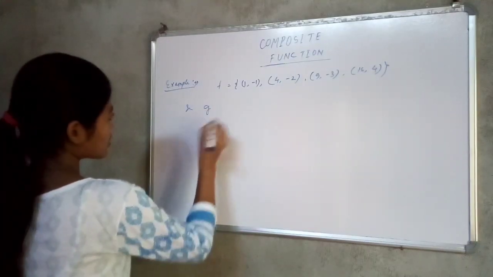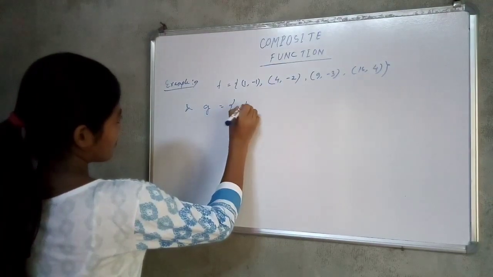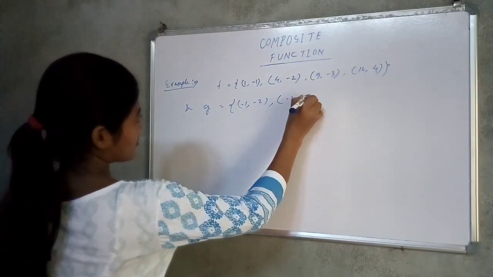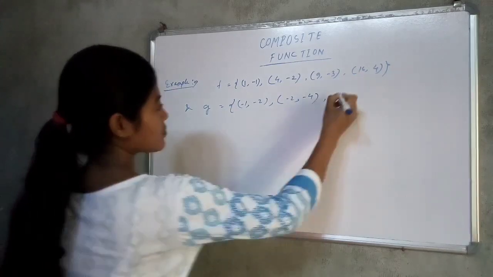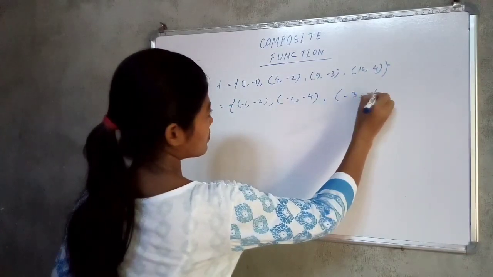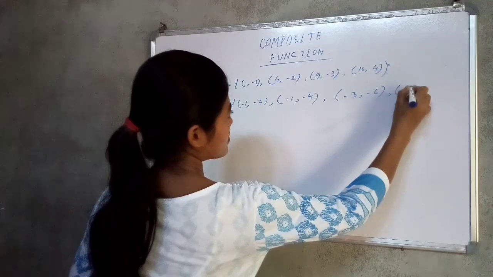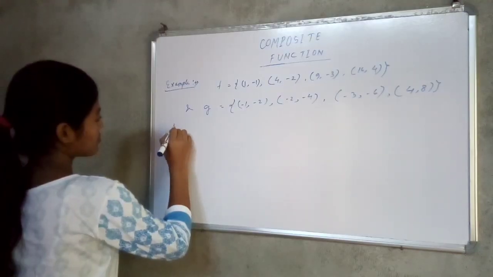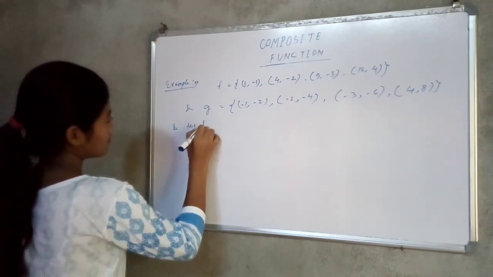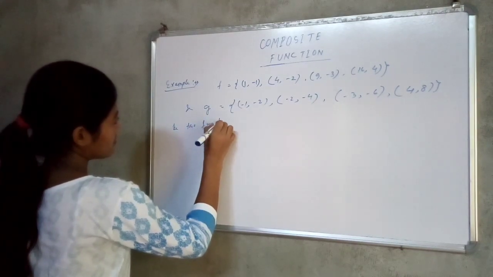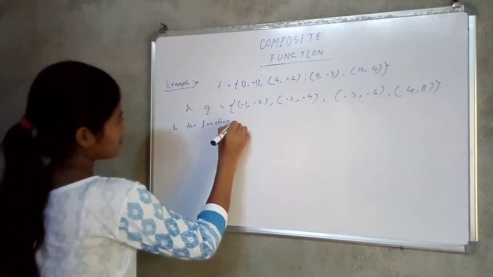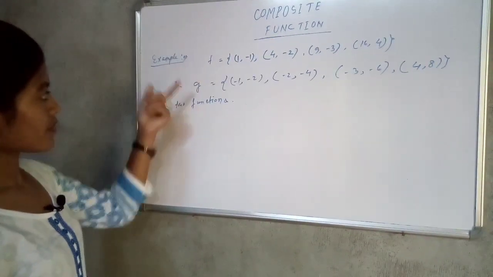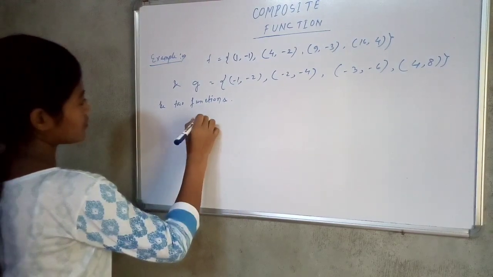And another function g has the elements (4, 8), (3, ...). We need to find the composite function of f and g. We need to find g∘f.